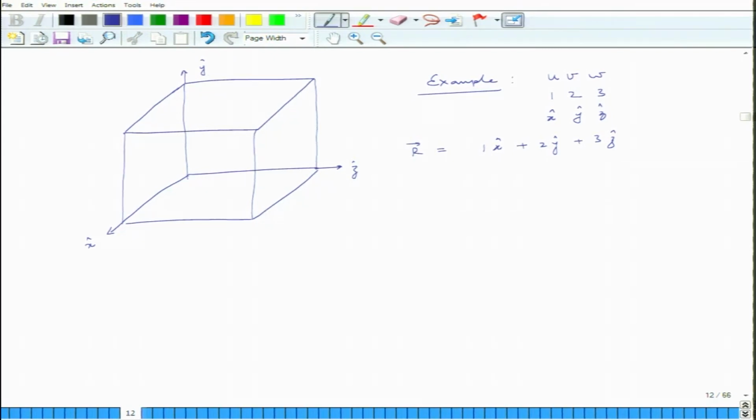The problem is, if you want to draw in this fashion, you will have to go once. So, this is origin, let us say O, you will have 1 here, then you will have to go 2 steps in, sorry, this was y, this was z. Then you will have to go 2 steps here, and then you will have to go 3 steps, 1, 2, 3.